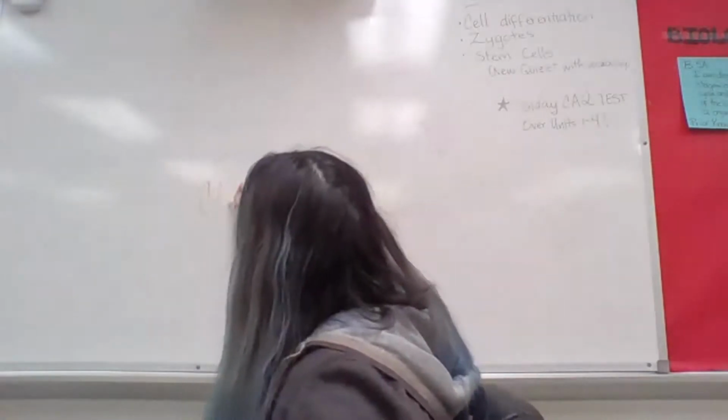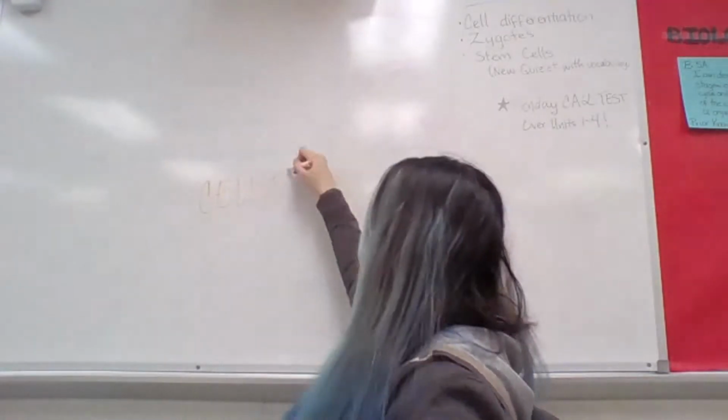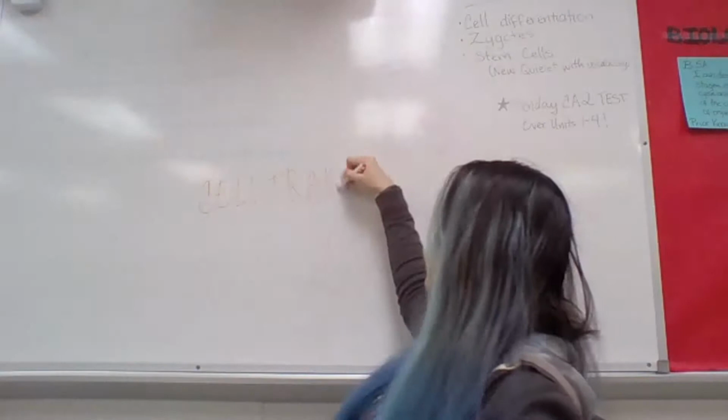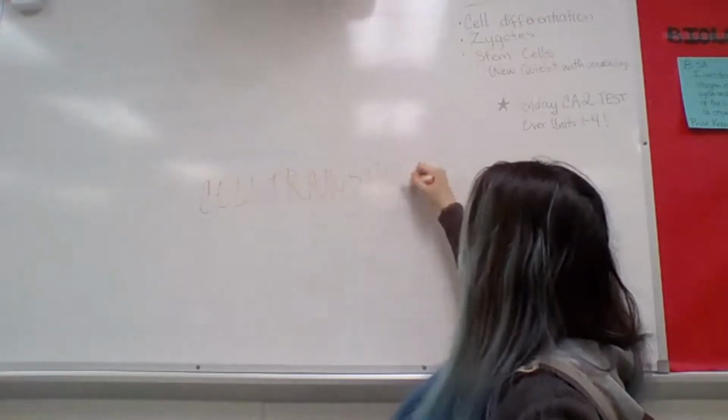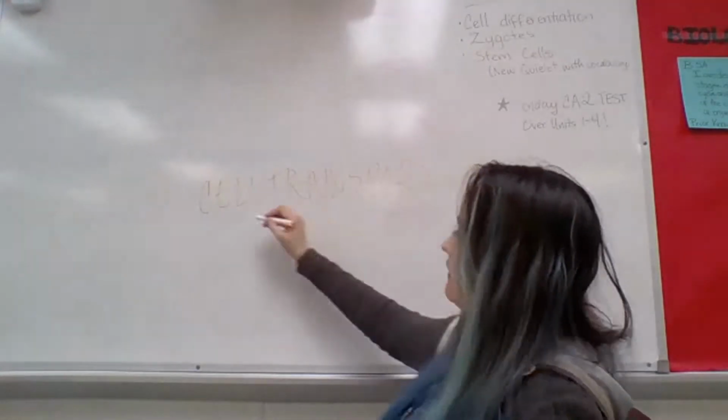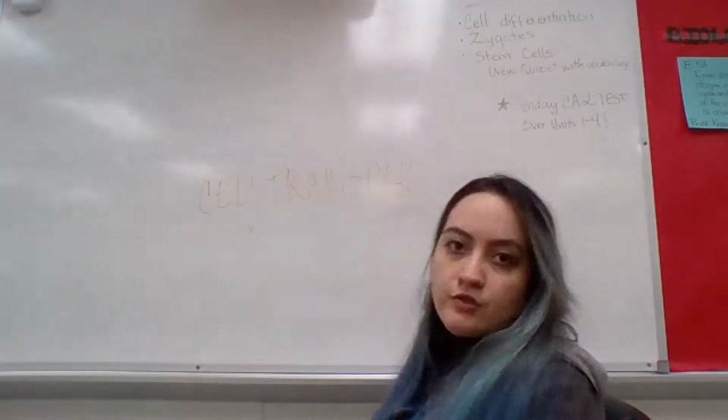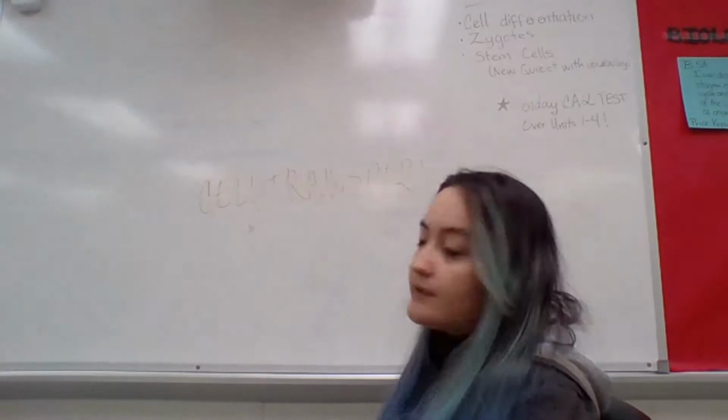Unit 2, we talked about cell transport. So for cell transport, first we started talking about who controls what goes in and out of the cell.